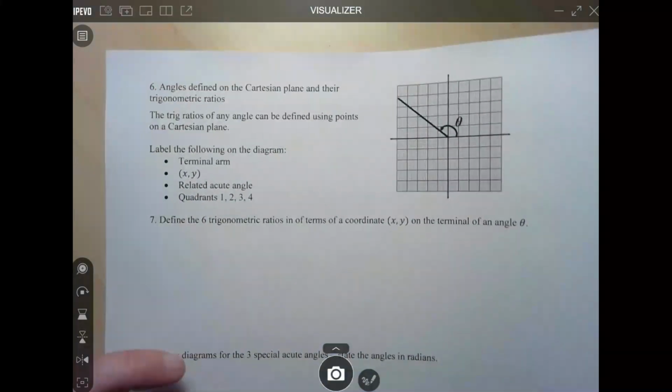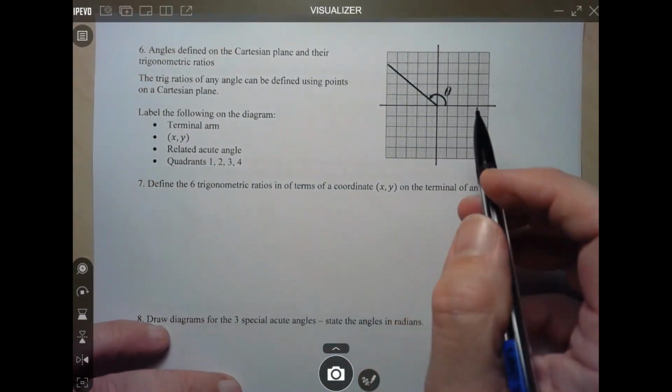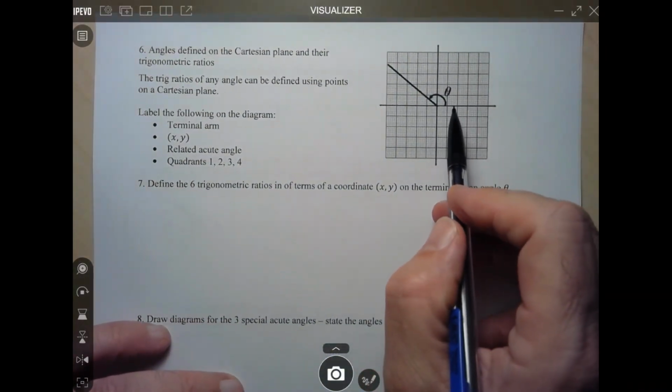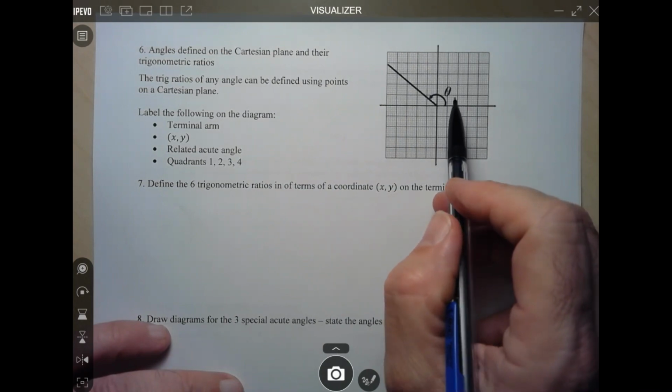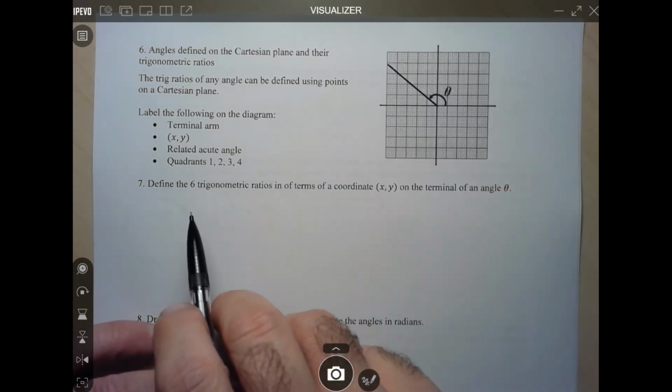Okay, so if we go on to the next page, we'll see it's got a lot of the things that we talked about. So here now is my angle starting at the positive x-axis and ending at a terminal arm.